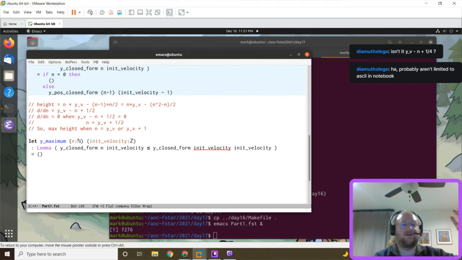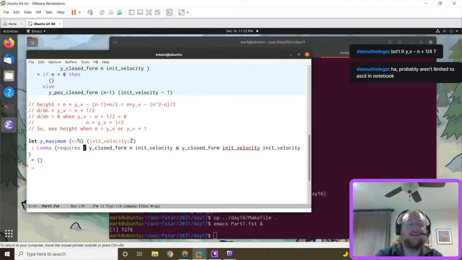Okay, so if we're aimed downwards, then our highest position was in the past. So, okay, we'll say that this is true is at least 0.